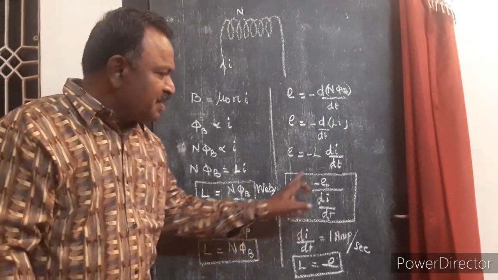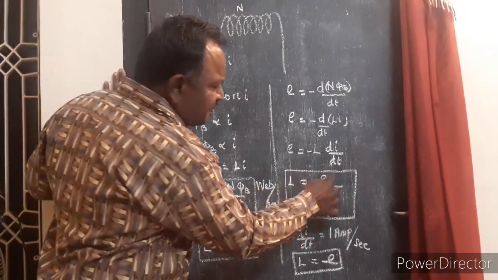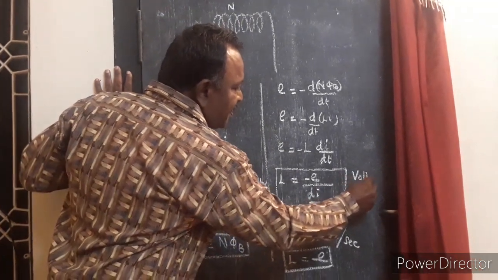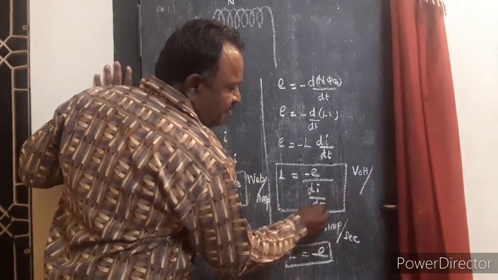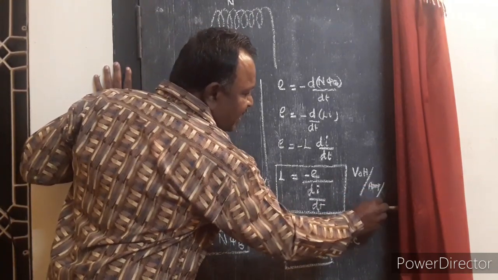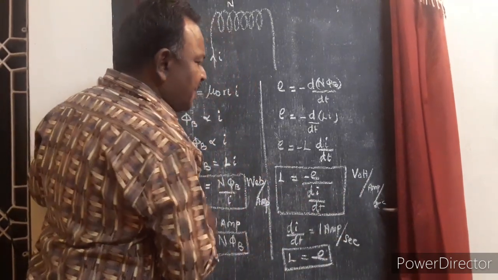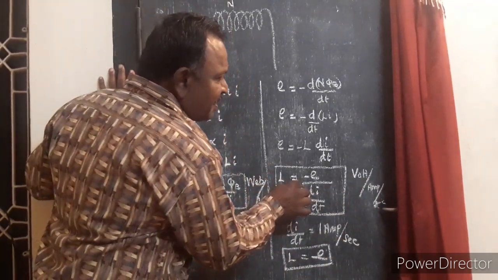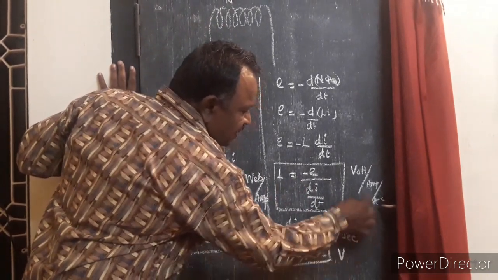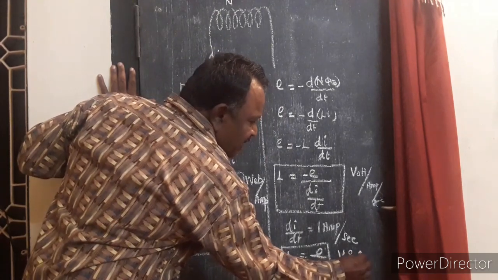This equation is in terms of induced EMF. So induced EMF is measured in volts, divided by the rate of change of current, which is ampere per second. So from this equation I can say the unit of self-inductance is volt second per ampere.